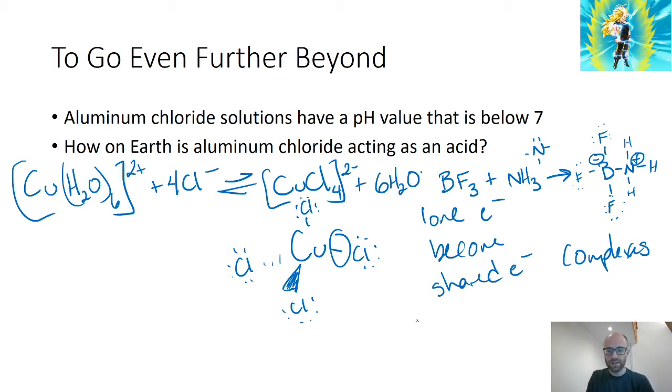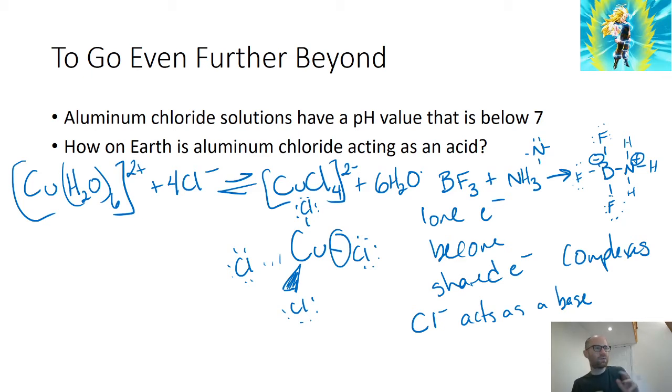So in this case, the Cl- acts as a base because it had 4 lone pairs, and now it's showing 3 lone pairs and 1 bonded pair. So it donated electrons into a shared pair from a lone pair.